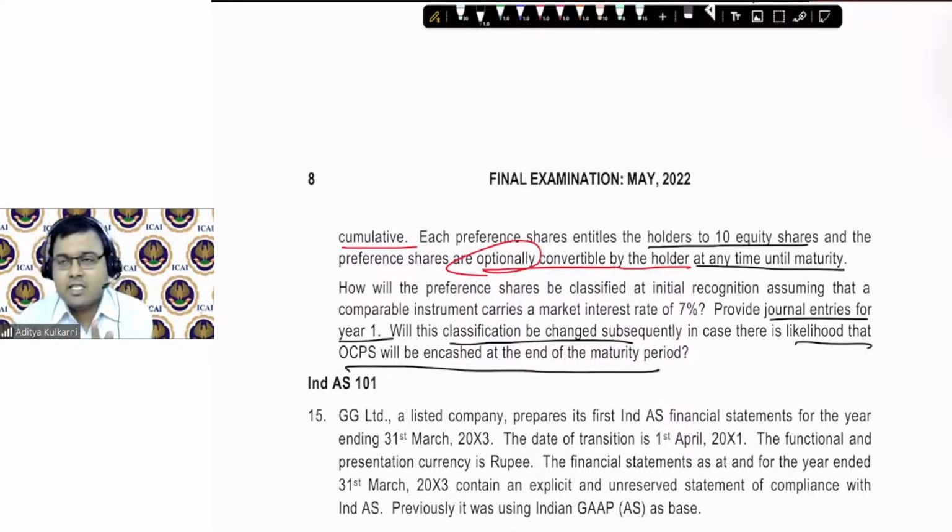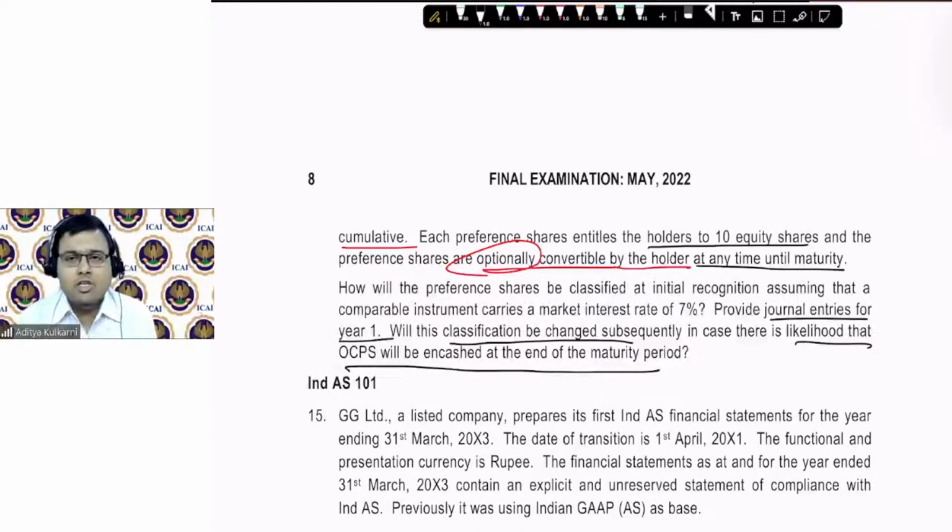No. Prediction is not permitted in accounting because it leads to a very high bias. You are not permitted to go ahead with predictions. What you have to do is determine the liability component based on the rate which exists on the initial date of recognition.